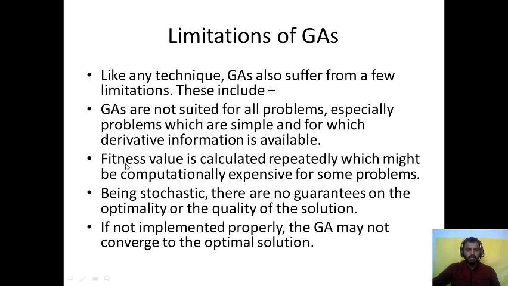The second one is that fitness value is calculated repeatedly, which might be computationally expensive for some problems. The next limitation is that, being stochastic, there are no guarantees on the optimality or the quality of the solution.